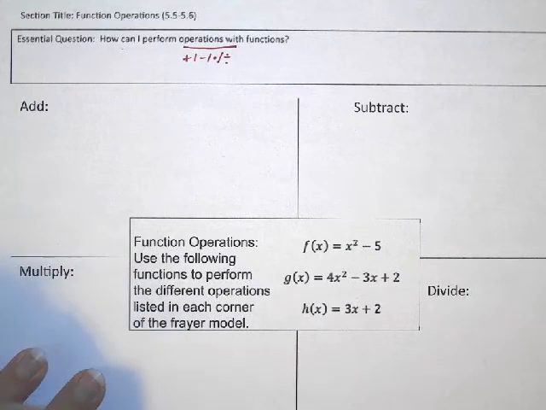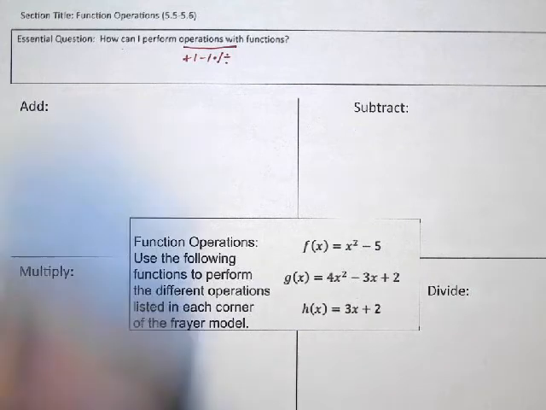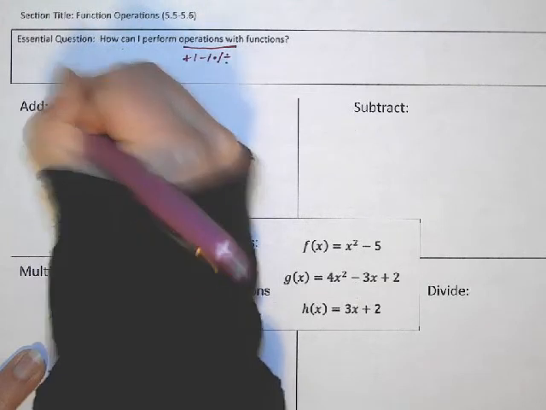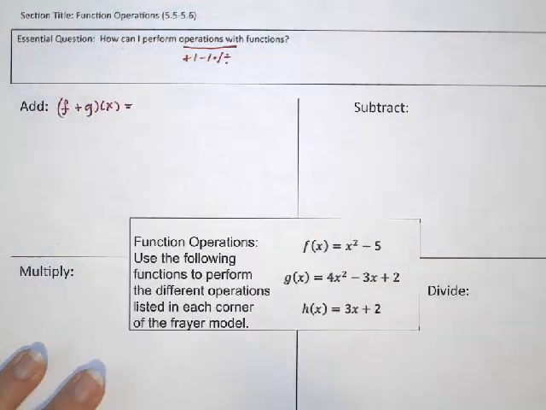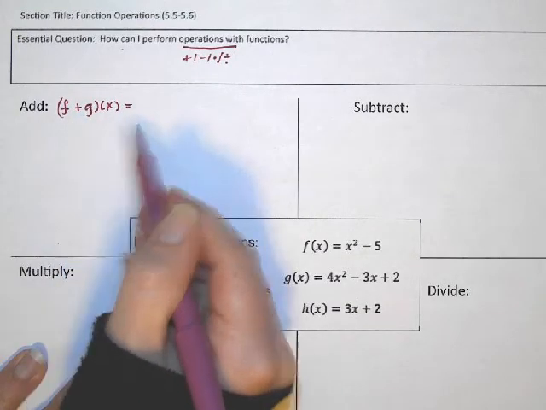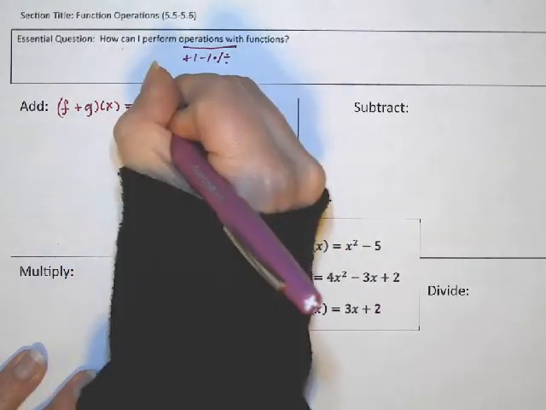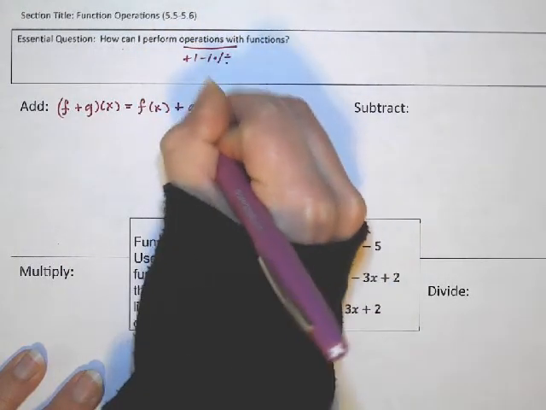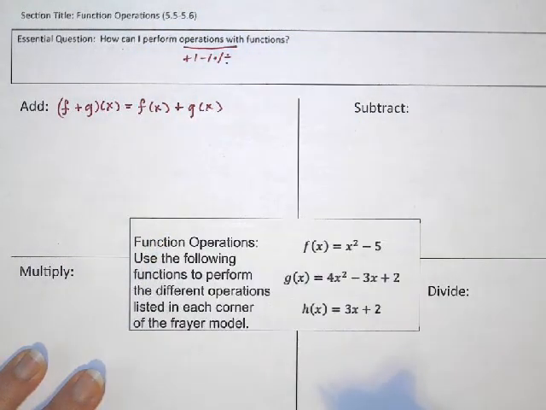And so just an intro into the notation that you'll see. If I'm adding two functions, you would obviously expect to see an addition sign, and it may group them together in one set of parentheses. Basically what that means is we're going to be taking whatever f of x equals and adding it to whatever g of x equals.